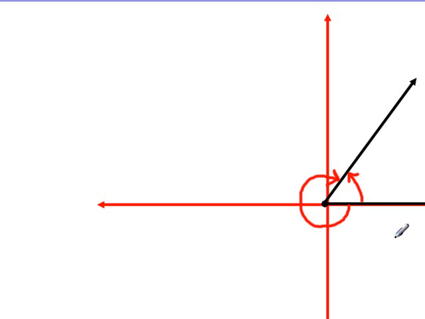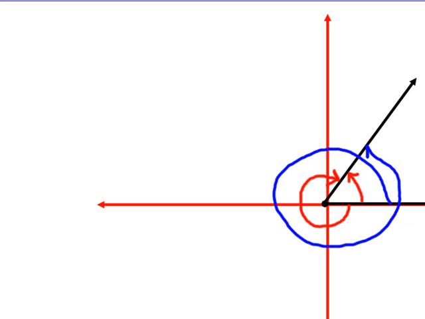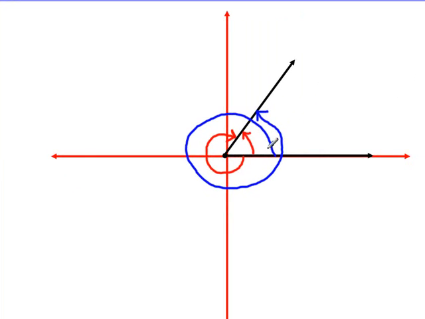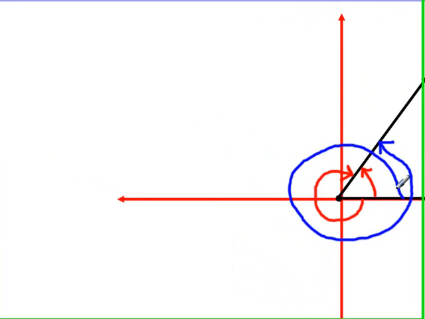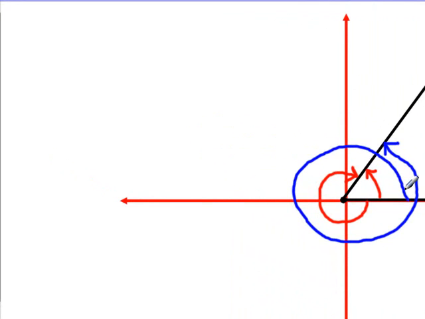Now another thing that we can do, and we'll talk about the specific measures of these in just a moment, is we can start from the x-axis and we can rotate around an entire time and come back to an angle where we end in the same place that this terminal side initially was. So we've made an angle that has one full rotation of the circle and coming back around.